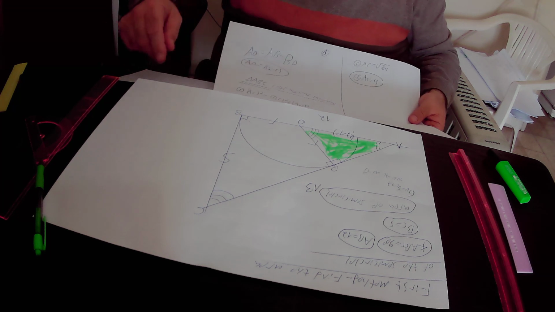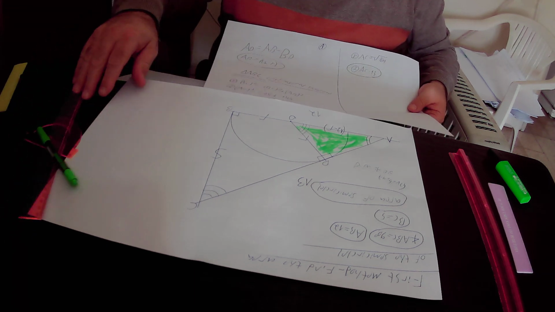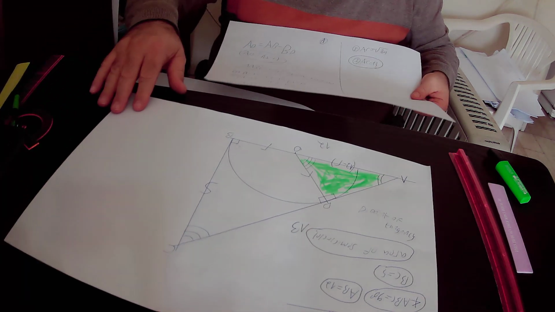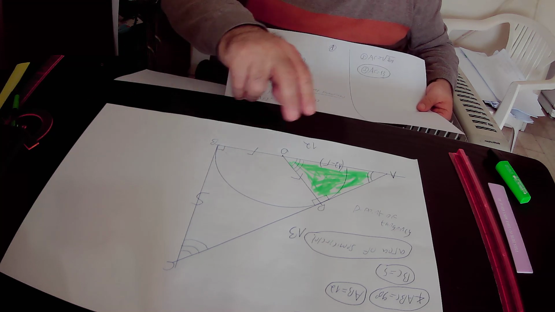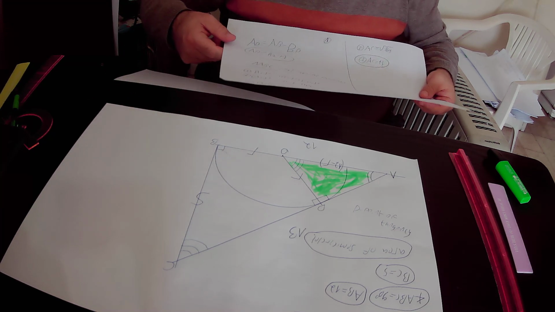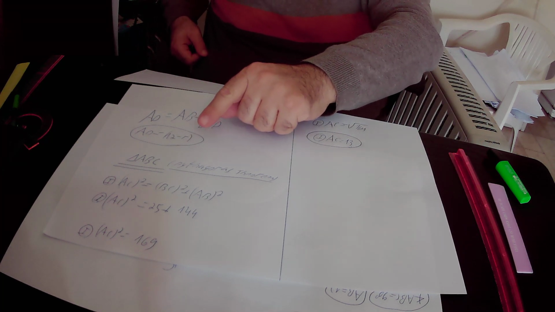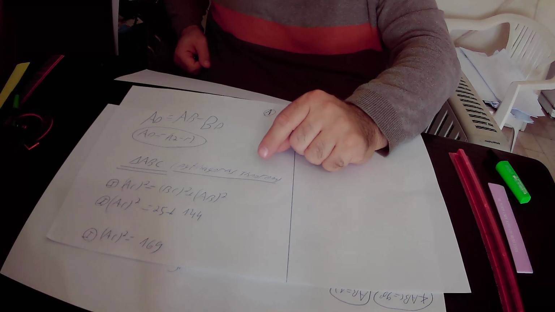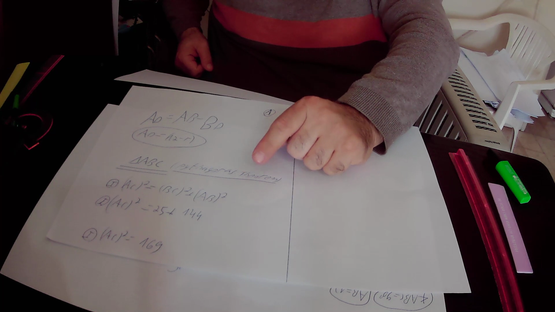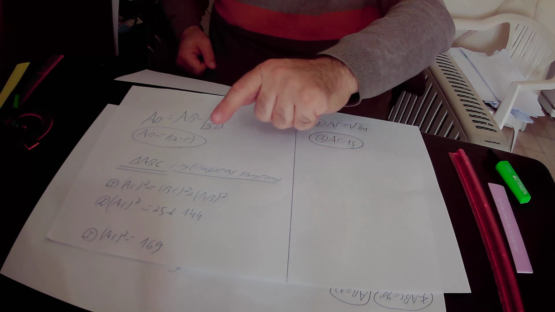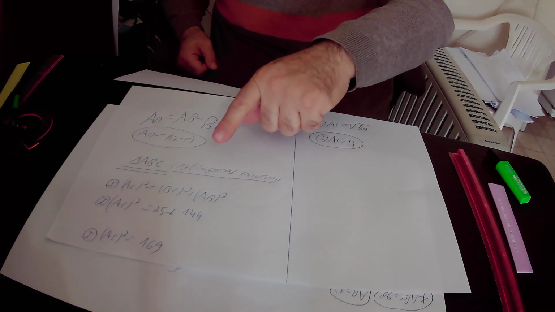And in triangle ABC, according to the Pythagorean theorem, the square of the hypotenuse equals the sum of the squares of the perpendiculars. In triangle ABC, it means that AC squared equals BC squared plus AB squared.